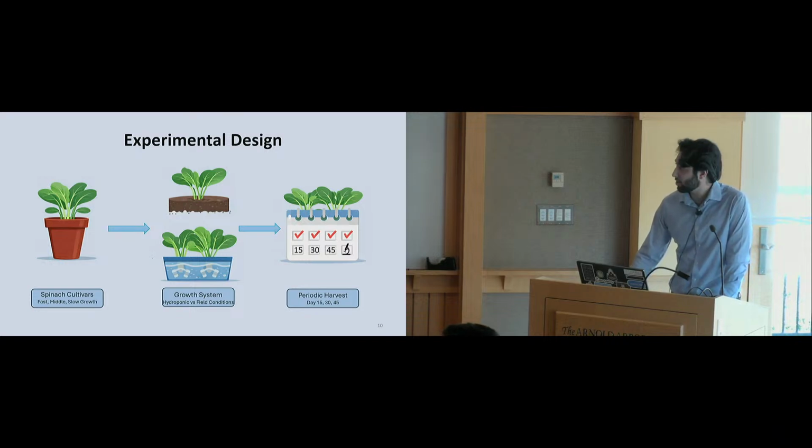We conducted periodic harvests on day 15, 30, and 45. All of those days involved morphological analysis, so we put our roots on a root scanner and analyzed them through WinRhizo. And then on day 45, 4 samples of each root order, so that's 20 per harvest, were collected for microscopic anatomical analysis.